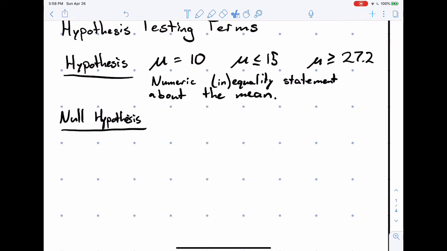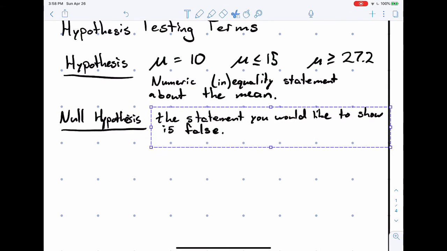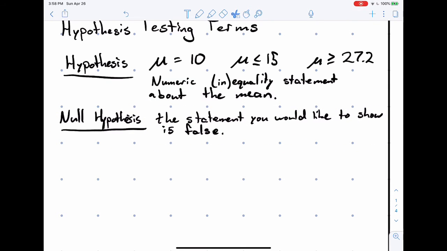The null hypothesis is the statement that you would like to disprove. So you would like to show that it's false. So for example, in the motivation, we were talking about the website, and the claim was that mu is less than or equal to 1.